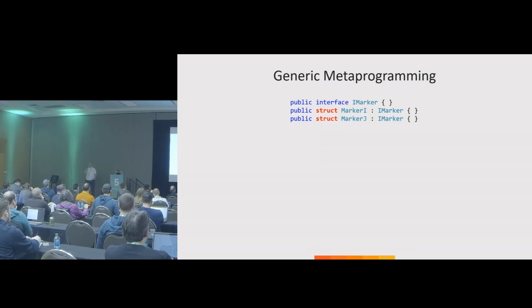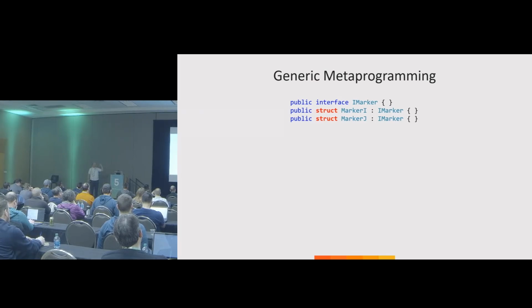For those that came from a C++ background, you have seen this kind of stuff before. Those are marker interfaces. You're saying, okay, this is a trait. You got an interface, and you build a struct out of that interface.